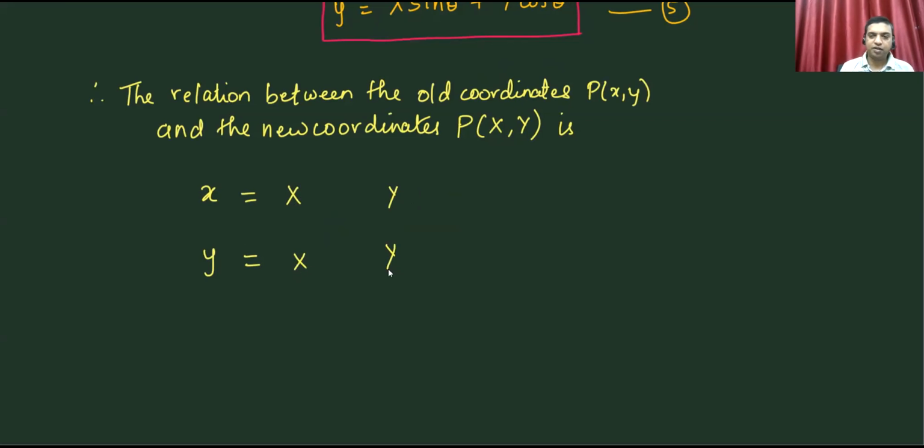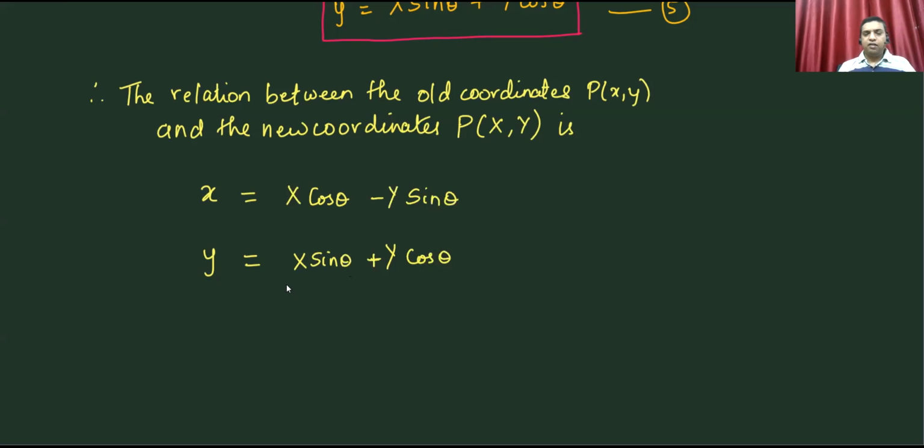Just write cos theta, minus sin theta, sin theta, plus cos theta. This will be the relation. Small x is equal to capital X cos theta minus capital Y sin theta. Small y is equal to capital X sin theta plus capital Y cos theta.